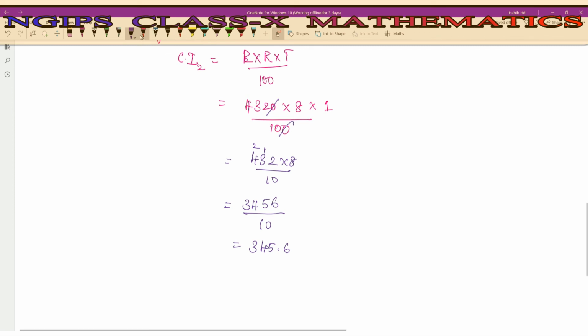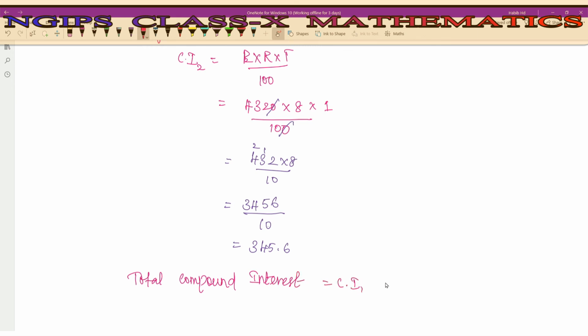Now the total compound interest is equal to the first year compound interest plus the second year compound interest.